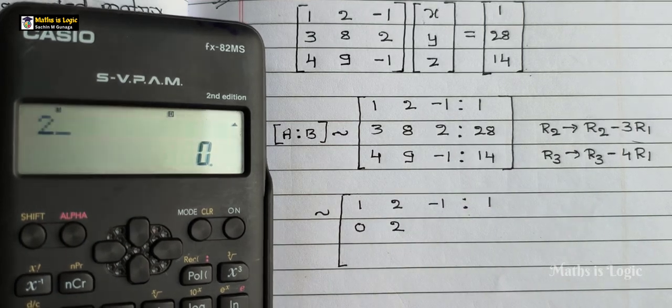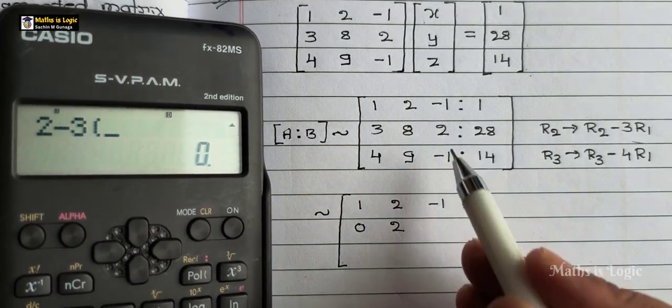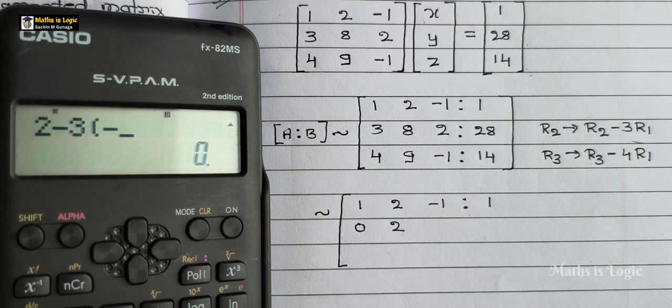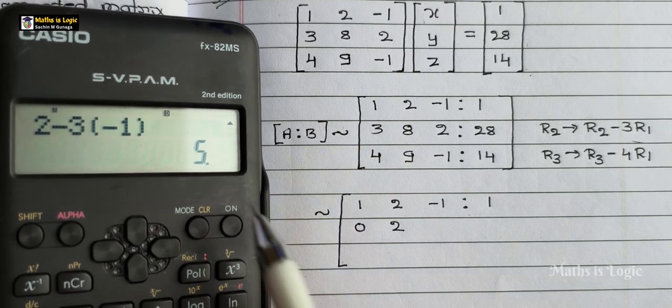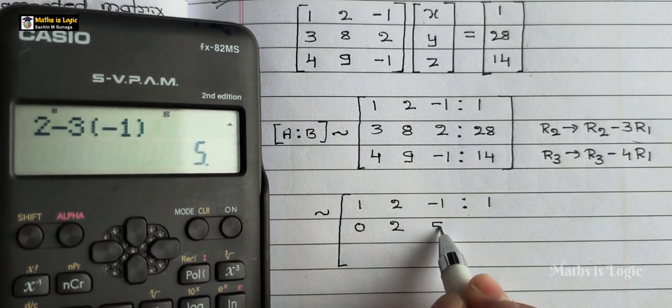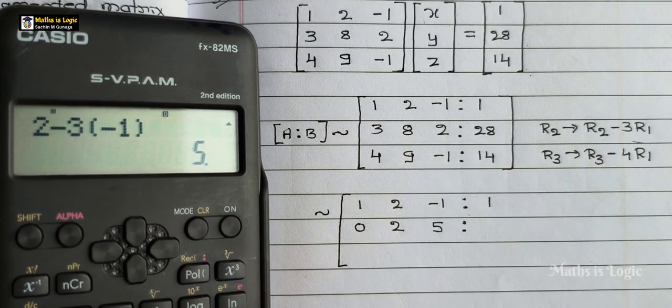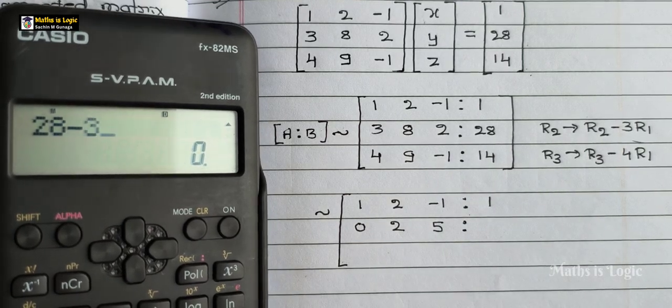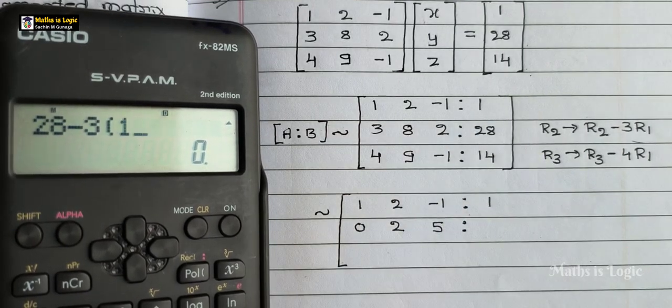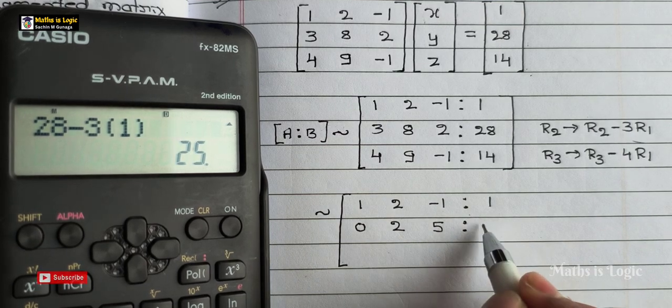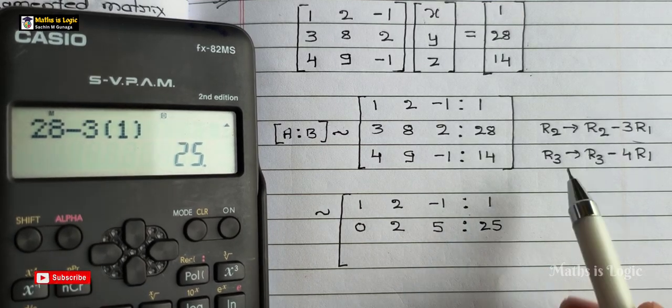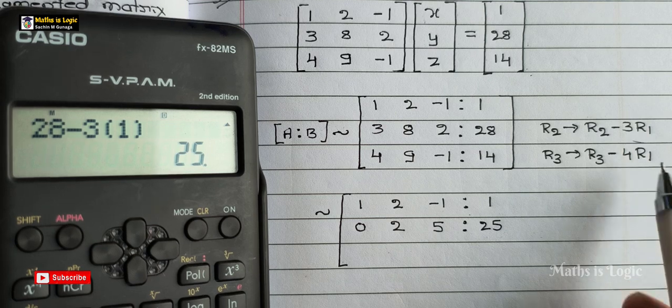Next, 2 minus 3 times minus 1 is 5. Next, 28 minus 3 times 1 is 25. Next, similarly change R3.